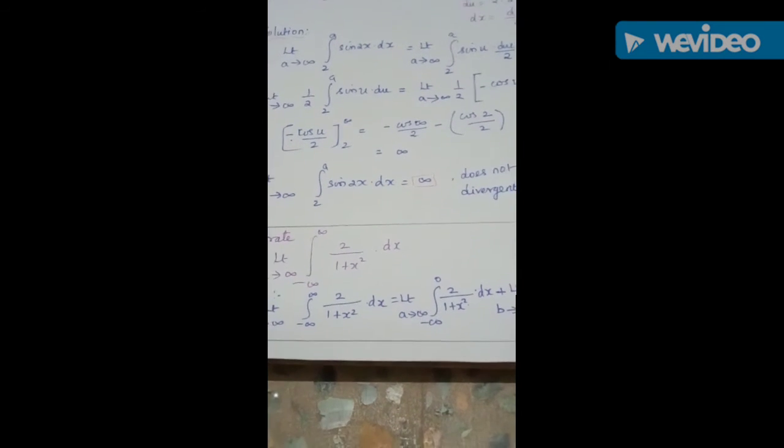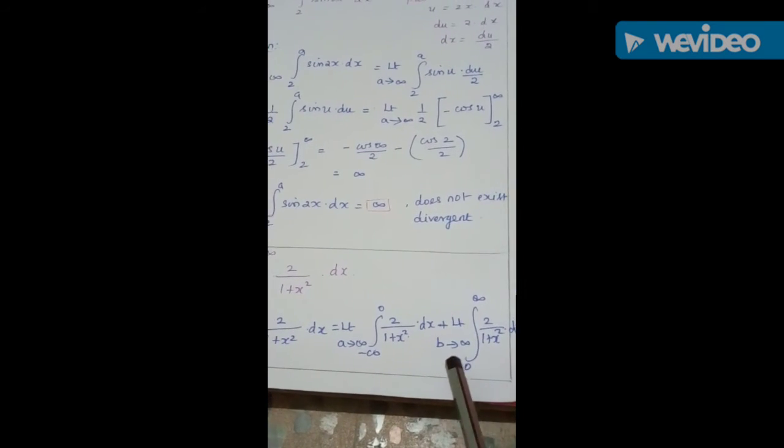Minus infinity to infinity can be written as minus infinity to 0 plus 0 to infinity. Therefore we can write this as limit a tends to infinity integral of minus infinity to 0, 2 divided by 1 plus x square dx, plus limit b tends to infinity integral of 0 to infinity, 2 divided by 1 plus x square dx.